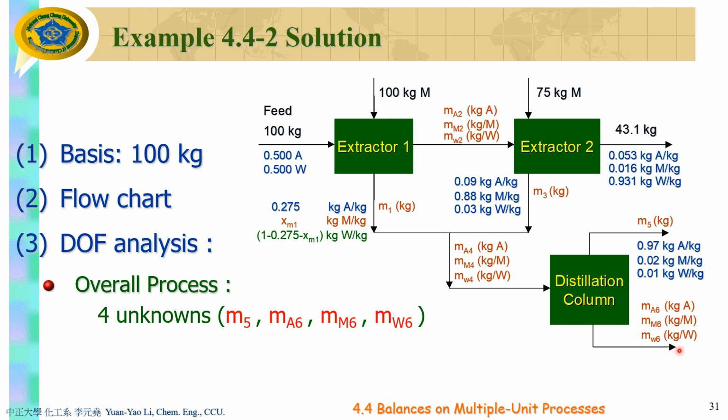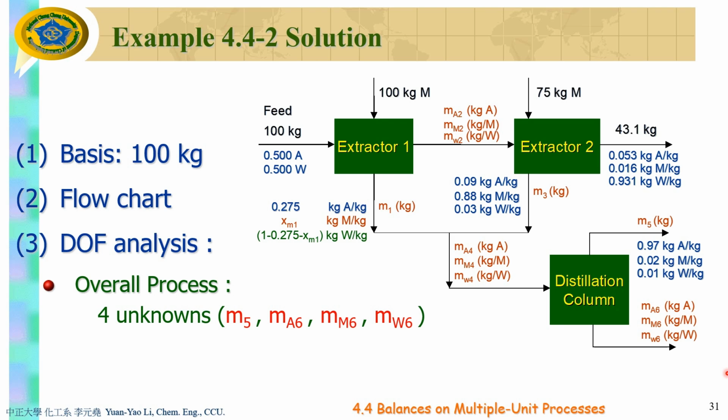Okay? And then how many equations can you create? Because DOF is unknowns minus equations. So you have 4 directions to find equations. The first one is how many species are in this process.